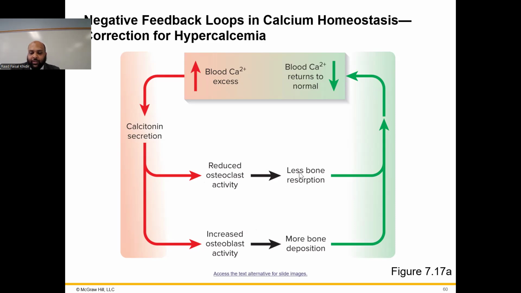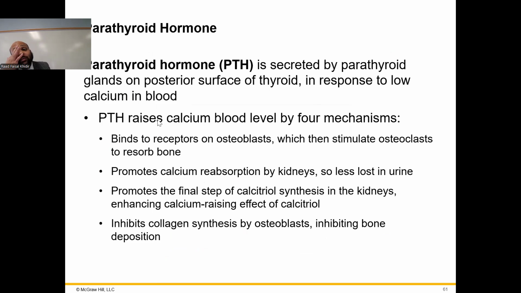That's going to lead to less bone resorption, and that's going to drop the too-high calcium level in the blood. Now, parathyroid hormone, PTH, is secreted by the parathyroid gland on the posterior surface of the thyroid in response to low calcium in the blood.